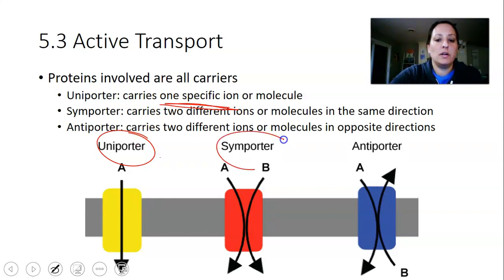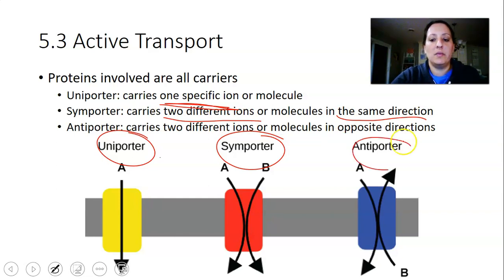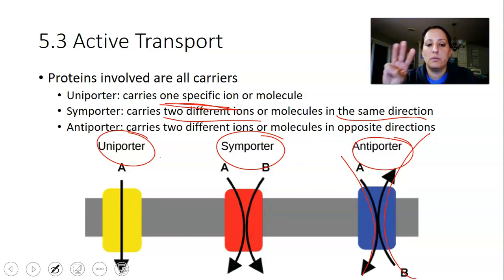A symporter will carry two different ions in the same direction across the membrane. And the last type, which the sodium-potassium pump, which we're going to talk about in a second, falls into this category, is the antiporter. The antiporter carries two different ions or molecules in opposite directions. So one molecule is brought into the cell while the other is brought out of the cell.